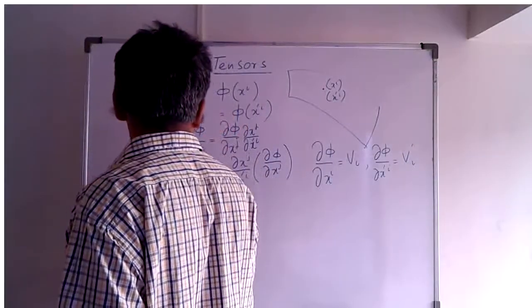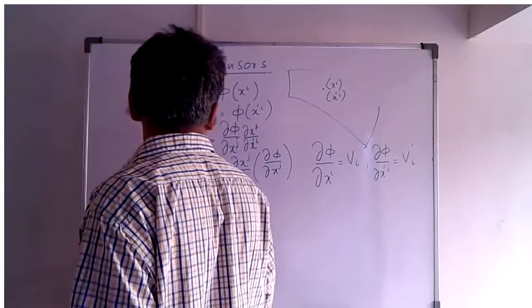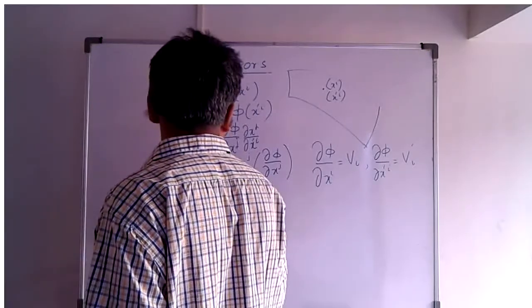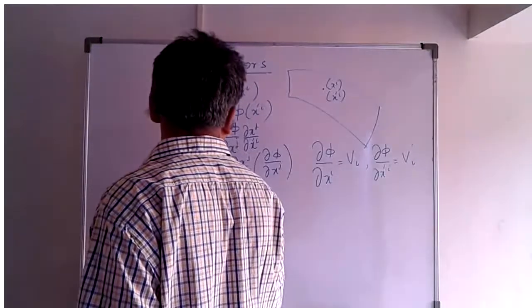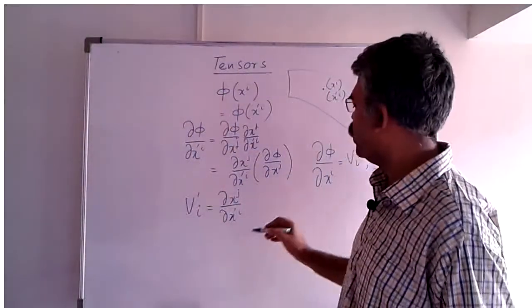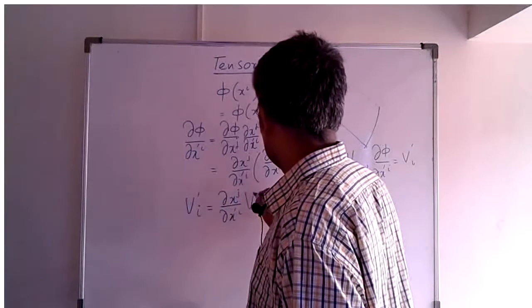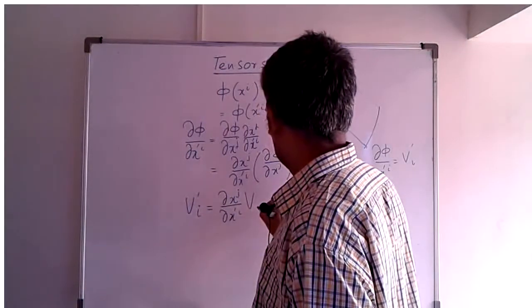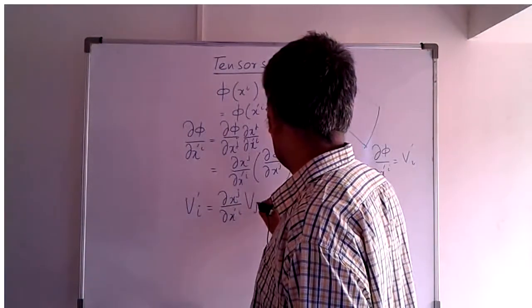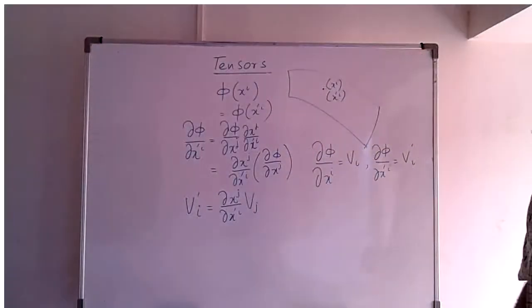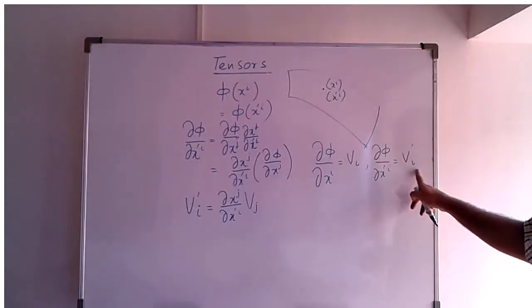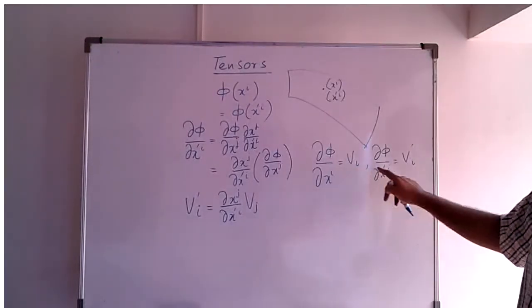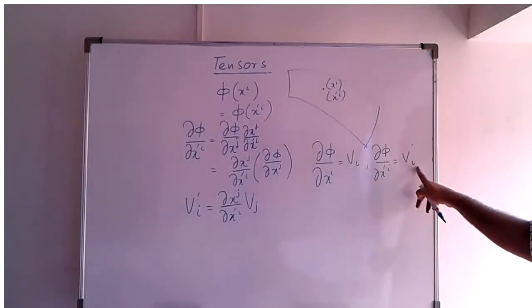This is v prime i equal to del xj del x prime i times vj, right? So here I have taken i, so this is i. If I take j, this will be j.